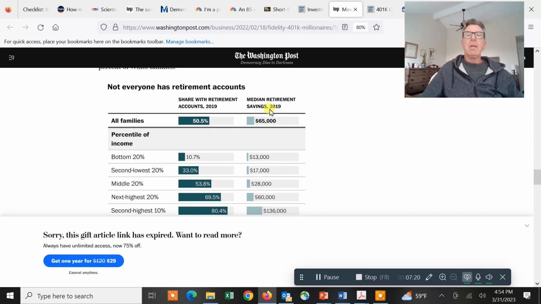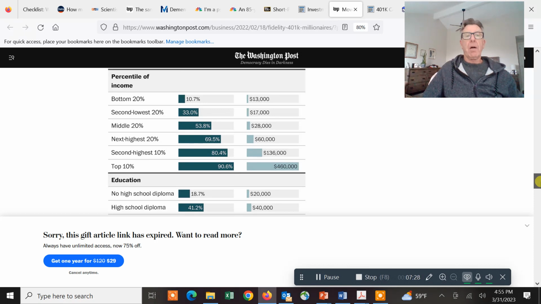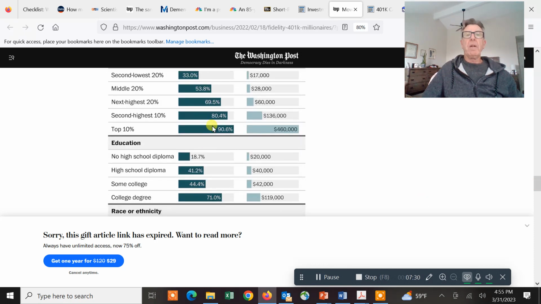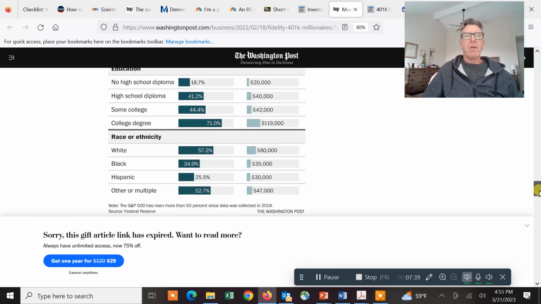This is the median retirement savings, okay, and this is the percentage of people that have any kind of retirement savings. So you see that the greater the college degree, the more you're going to invest. The richer you are, the more you have to invest. It all plays out right there.